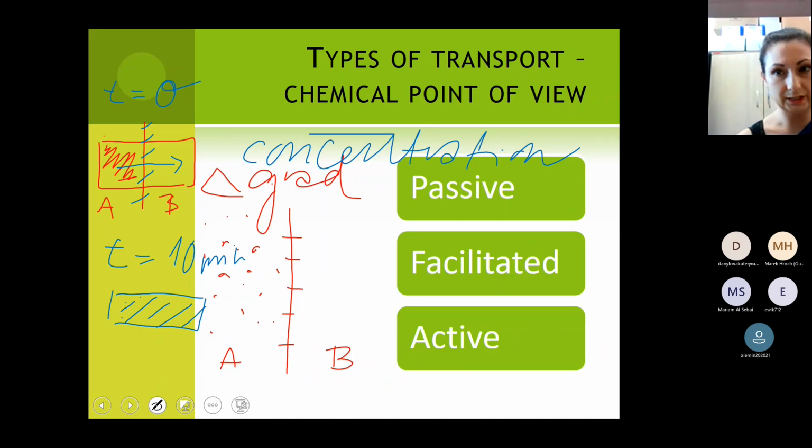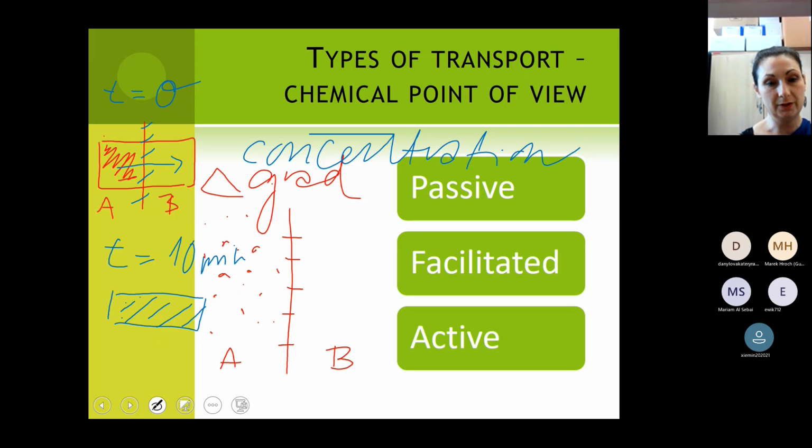It could be a porin, it could be a transporter within the plasma membrane, which allows transport of some chemical, some particle from part A to part B, from outside to inside the cell, for example. Normally, facilitated transport is used according to the concentration gradient. This is the first point.